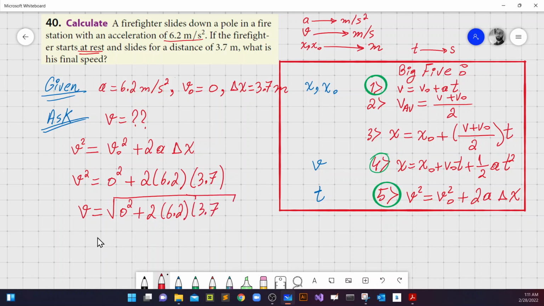Plug this into the calculator and you will get the answer that the final velocity is 6.8. Since all the physical quantities in this equation are in SI units, the final answer should also be in SI unit, and the SI unit of velocity is meter per second.